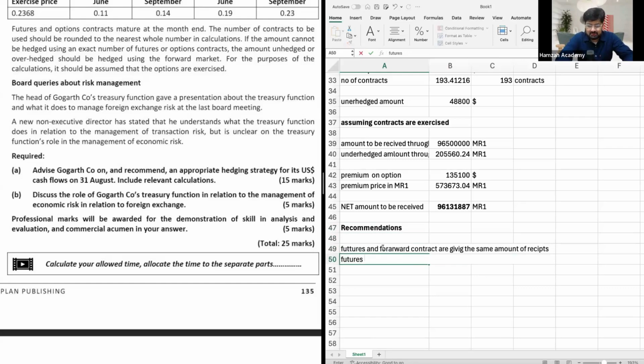But futures are subject to basis risk. That basis may not reduce evenly over time approaching the maturity of futures.